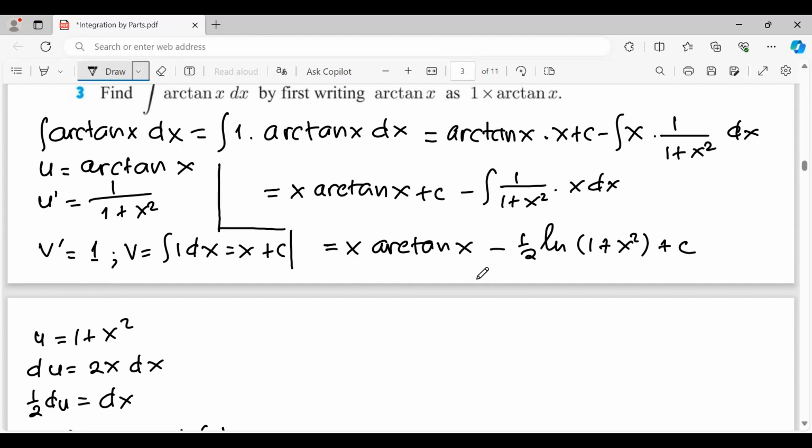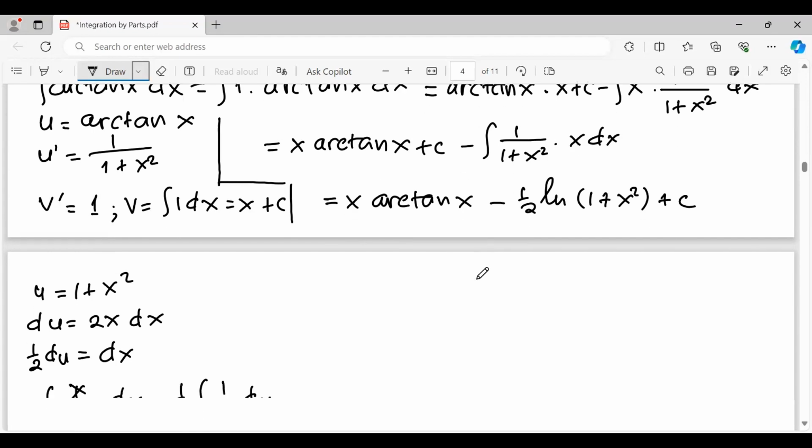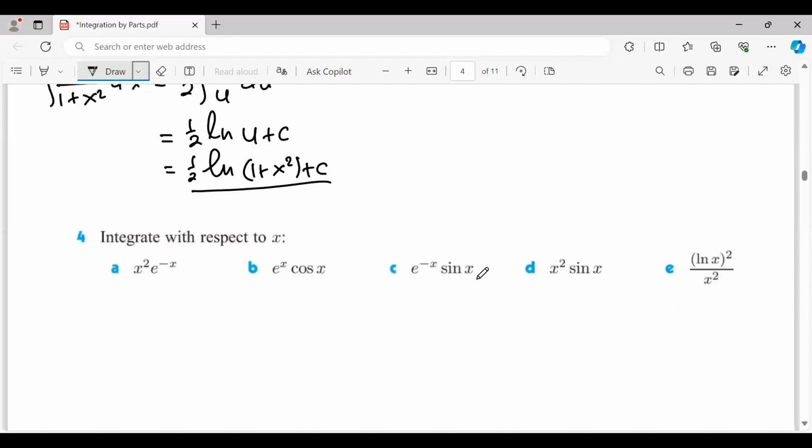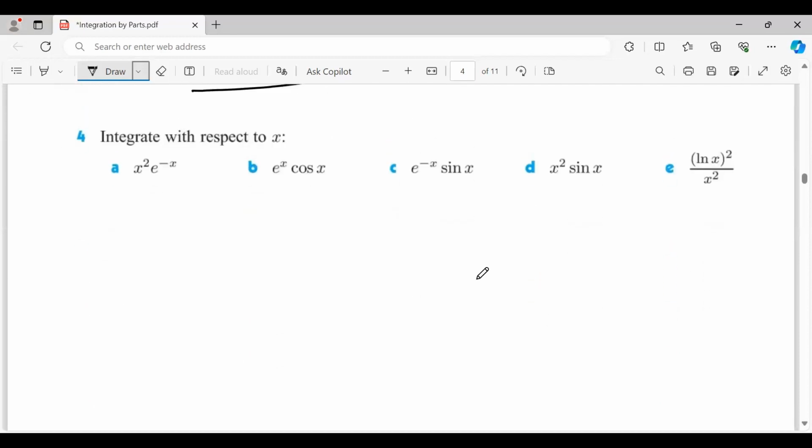This is the solution. For integrate with respect to x, x squared e power minus x dx.